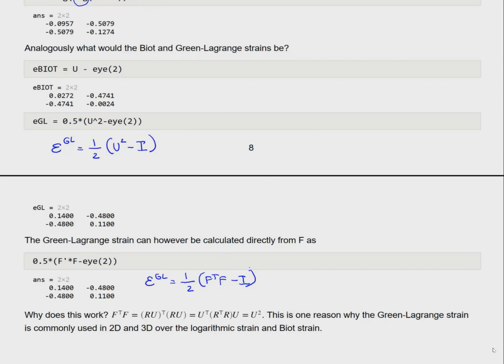And in this way of calculating it, we're not actually doing the polar decomposition, which is a computational advantage. This is one of the reasons why the Green-Lagrange strain is a preferred strain measure in 2 and 3 dimensions. And here is a demonstration of why this formula and this formula give the same answer.